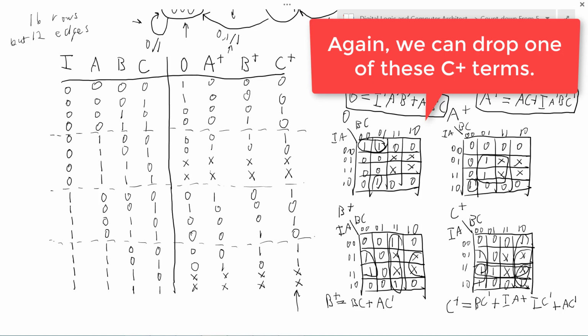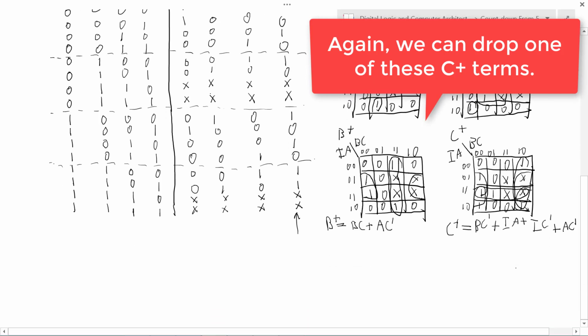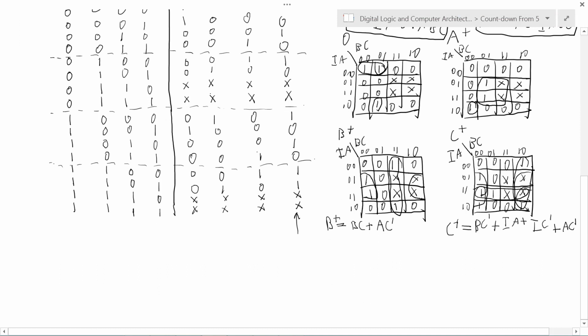Let's try drawing the circuit. How many state bits do we need? Well, we're going to need 3 flip-flops. Let's draw those. D, clock, Q and Q prime, reset, and we're going to place the preset signal as well.